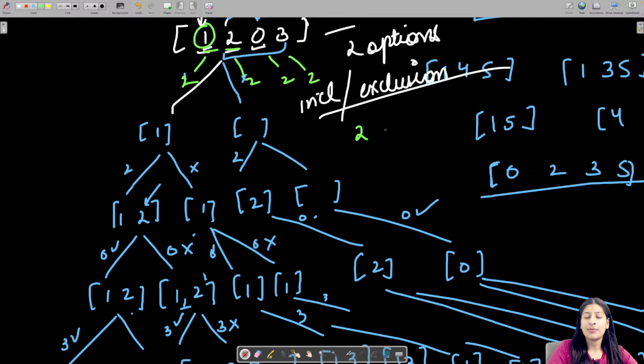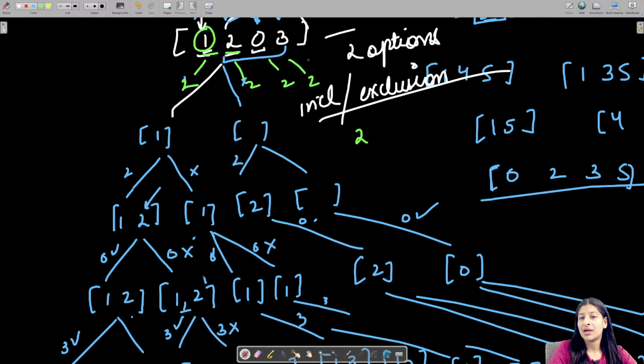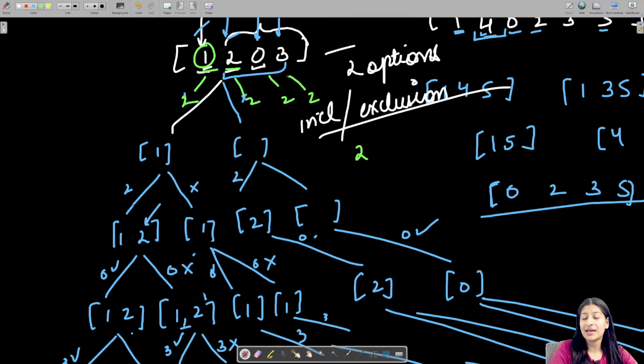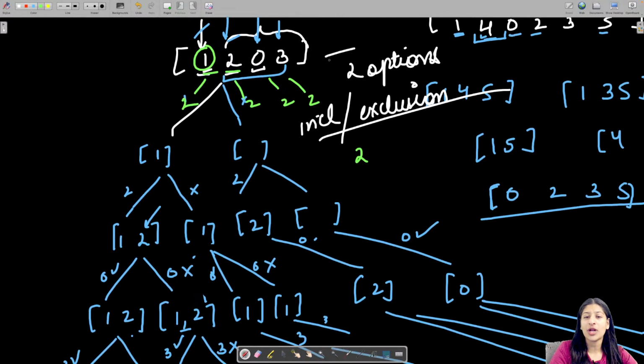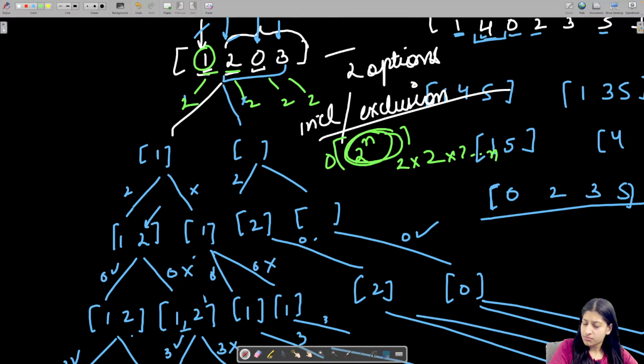So 2 multiplied by how many times? Multiplied by the length of your array. So that comes out to be 2 to the power of n. So 2 into 2 into 2 n times, it will be 2 to the power of n, right? So big O of 2 to the power n will be your time complexity if we go the recursive way, right?